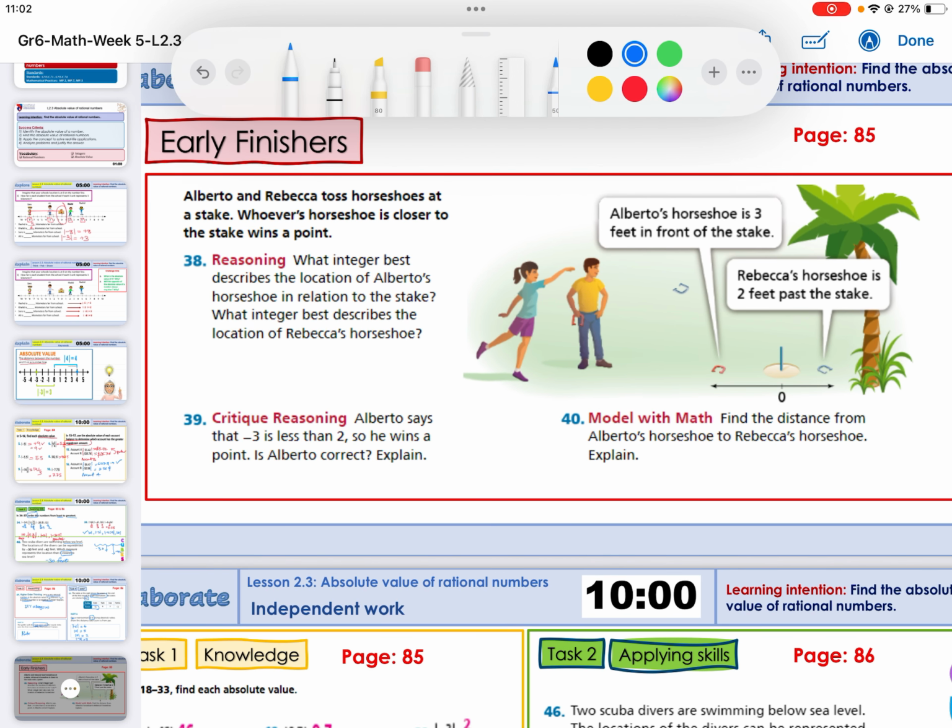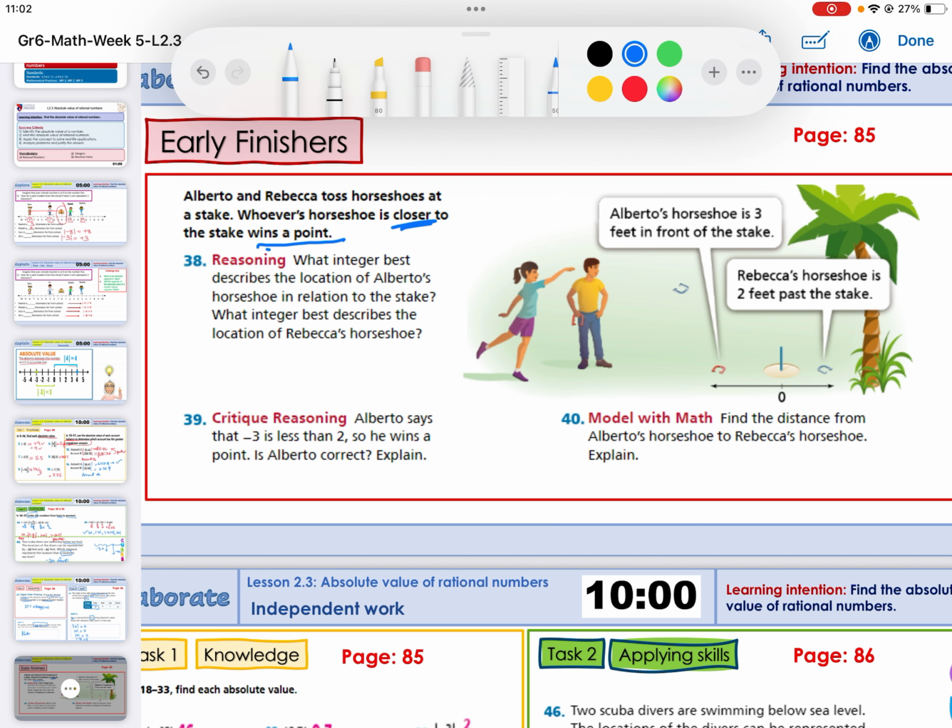Okay, to clarify the idea more, let's move on here to Alberto and Rebecca. Alberto and Rebecca toss a horseshoe at a stake. Whoever's horseshoe is closer to the stake wins a point. So let's start with 38.